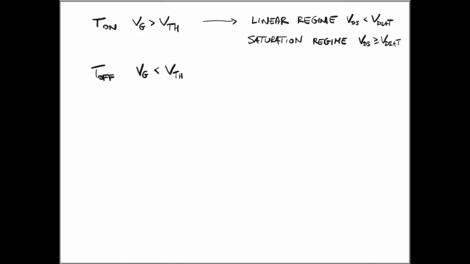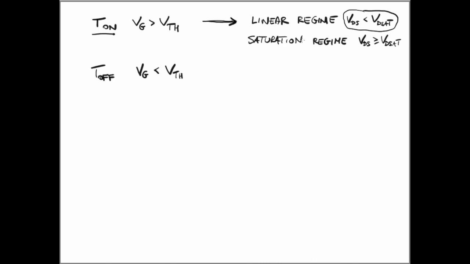So, summarizing what we've said up until now regarding the general operation of our MOSFET transistor, we can say that when the transistor is on, which means that VG is bigger than V threshold, we can be in either a linear regime that is characterized by the fact that VDS is smaller than a certain VDSAT.